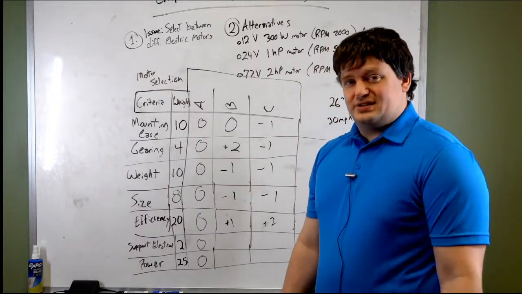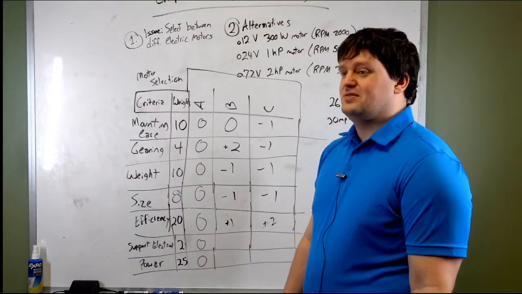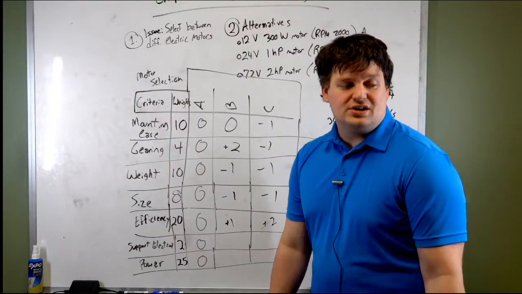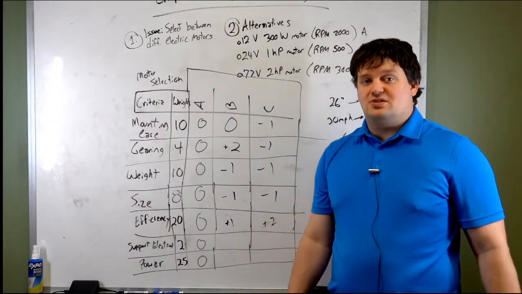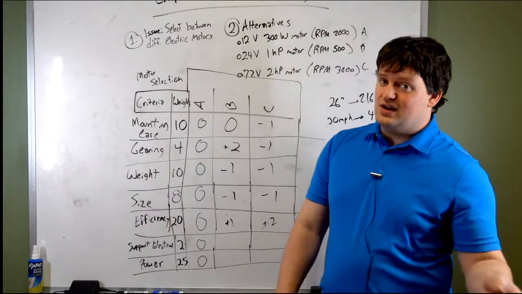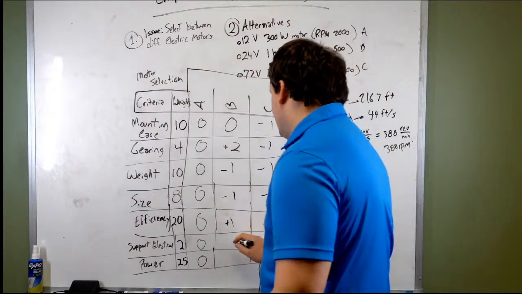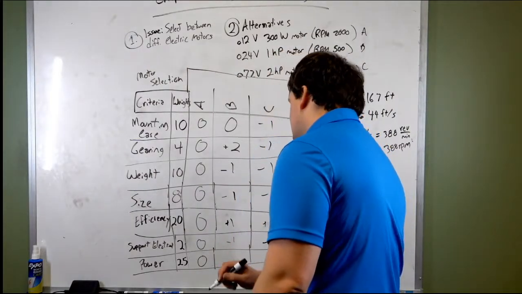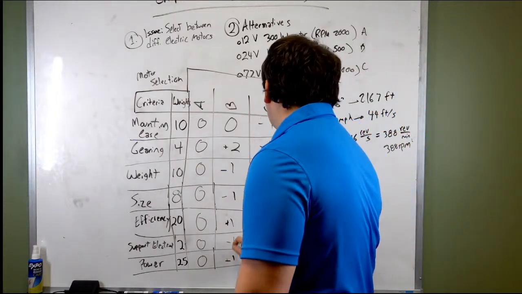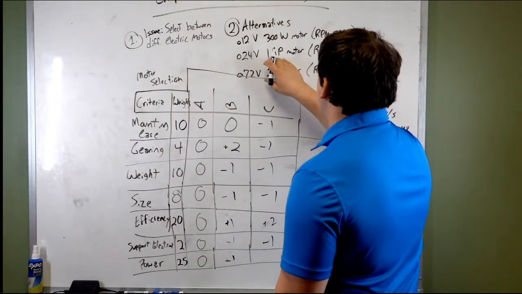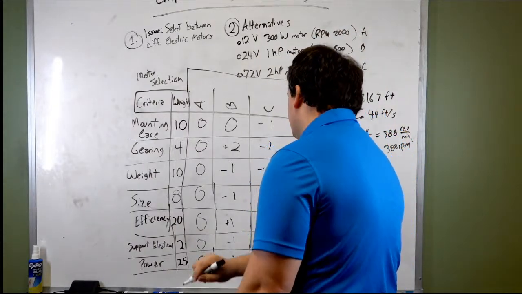But if you have any other electrical systems in your bike, trying to go from 24 or 72 down to 5, which is where a lot of control systems are, or if you're trying to make it something you can plug your USB into, which by the way is one of the design constraints for my system, that is going to be a -1 for both of these. Finally, power. This one has about twice as much power, and this one has about 4 times as much power, so this one's getting a +1 and a +2.